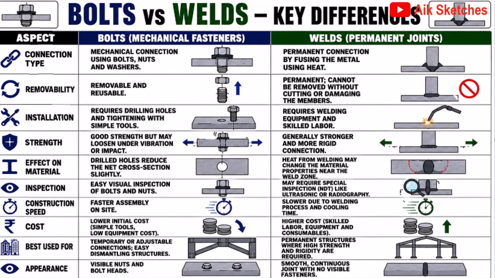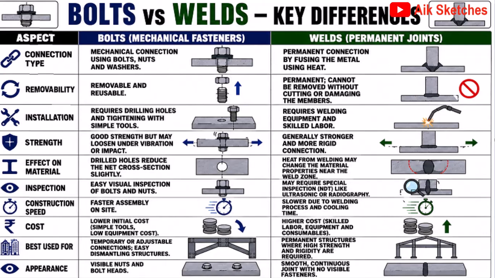For today, we are going to be discussing the key differences between bolts and welds. As you already know, bolts and welds are two ways that you can connect members together. So, we are going to be looking at the differences in different aspects.